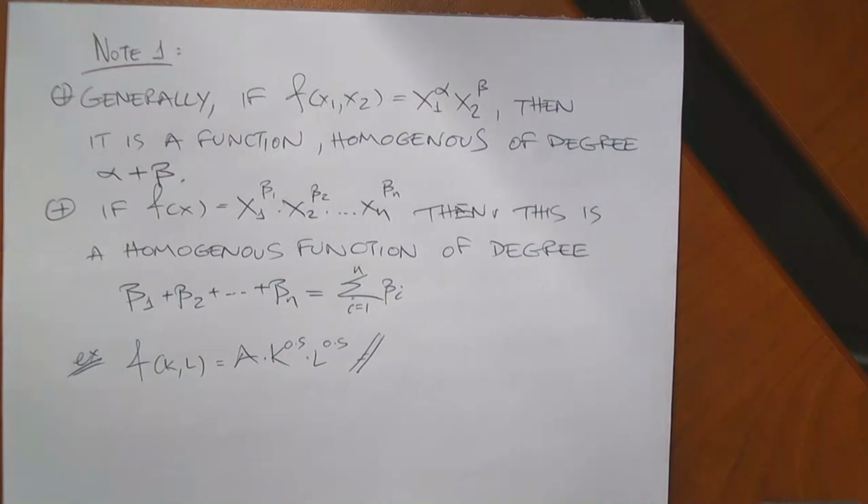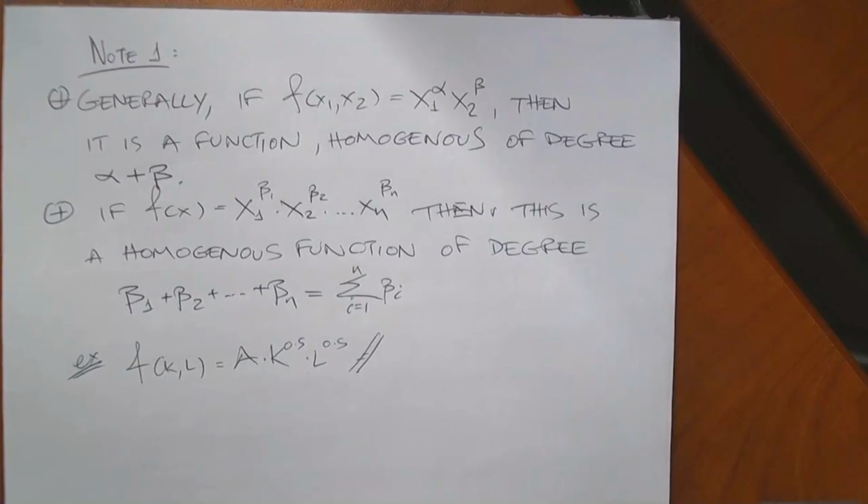It has the format that we have established: the arguments of the production function enter multiplicatively. You could have a parameter here, whatever else is part of the functional form doesn't matter. What matters is that these enter multiplicatively and what is the power to which the inputs are being raised. So in this case, that would be a homogeneous function of degree 1.